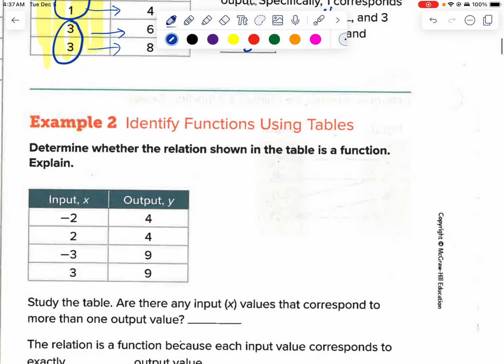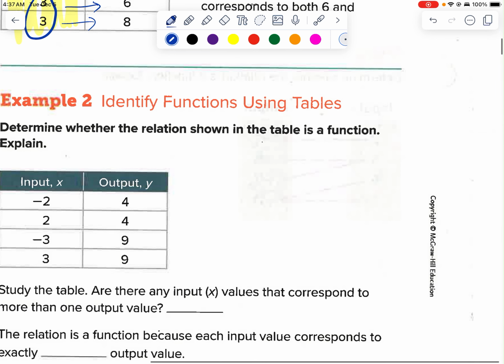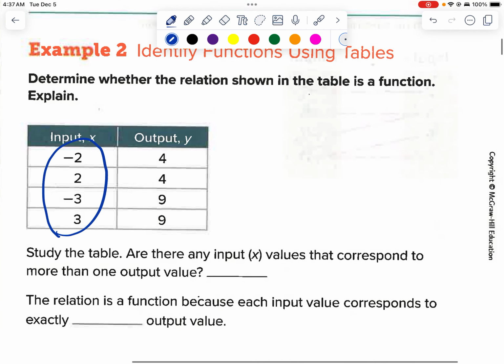So if I look at this, do any of these x values repeat themselves? No, they don't. Yes, the y value does, but it didn't say that the output couldn't be the same number.